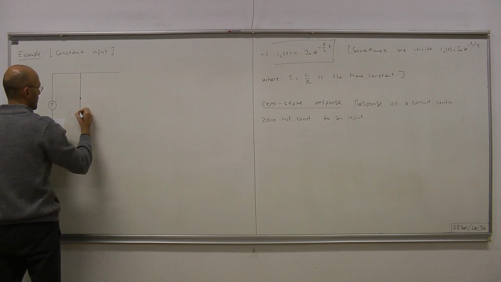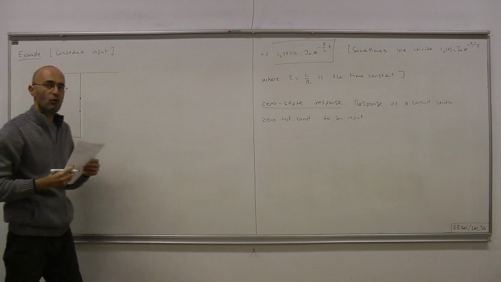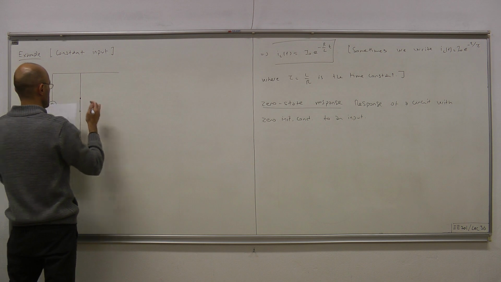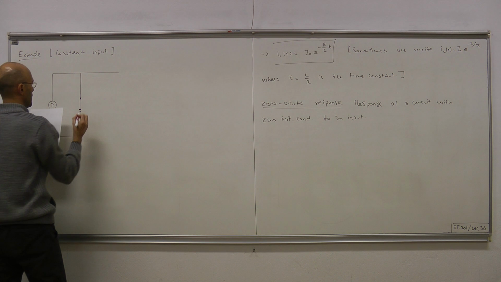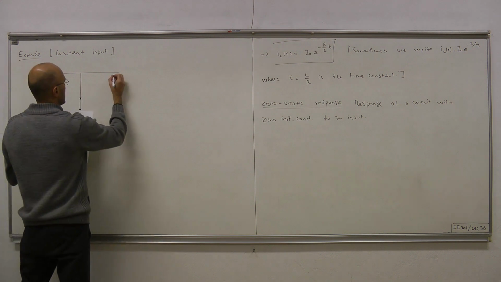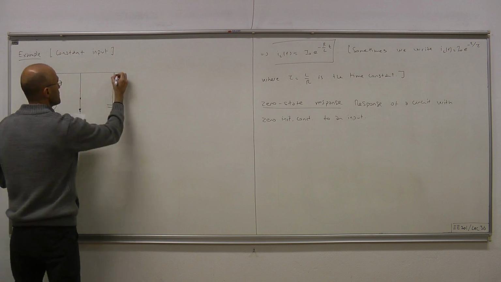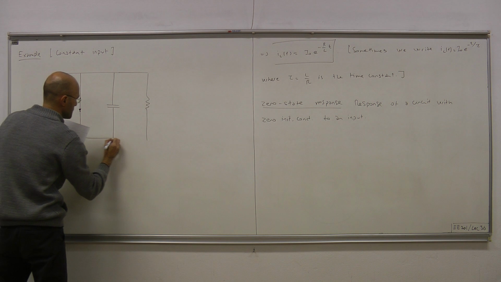Here we have a switch to isolate this input from the rest of the circuit for negative times. This switch will be opened at the initial time t equals 0. And then the remaining of the circuit is a capacitor and an LTI resistor.